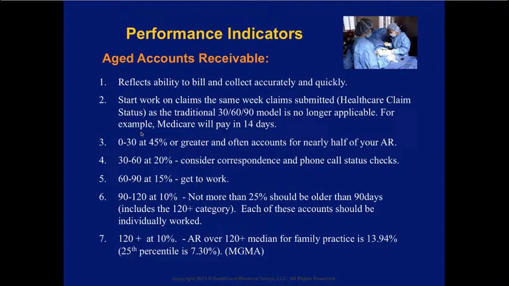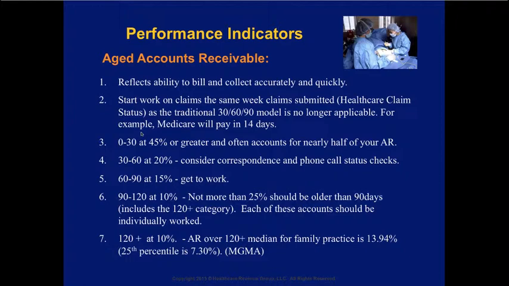I should be able to ping them next week and have them tell me it's paid or requesting additional information, so that 2 weeks out, I'm already working that claim and I don't need to wait for the paper to arrive 30 days later to say, oh, hey, we need more information. I've already pinged and figured that out 2 weeks after the claim was submitted. So my accounts receivable team is working not aged accounts, but claims that got submitted, making sure that they're going to be paid timely so I can have the luxury of 29.1 days in AR.